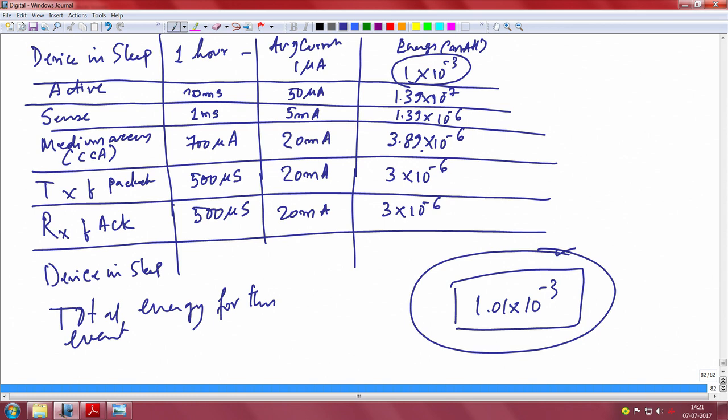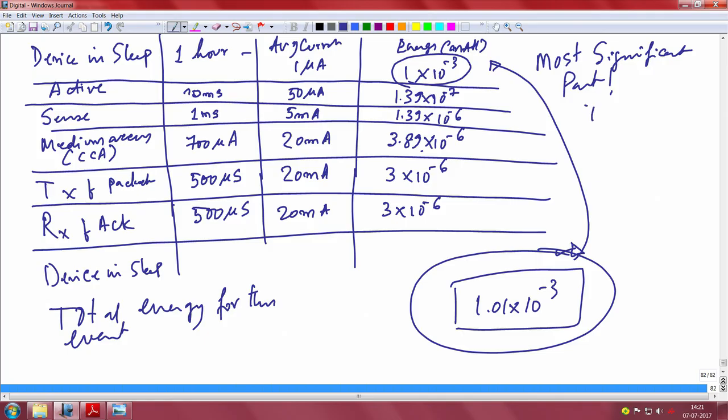So, something very striking, in fact quite a revealing thing, ultimately leading to the fact that device in sleep, compared to all that is happening with respect to the other activities, is the most significant part. Time and again I found that this is what will happen in the IoT world.